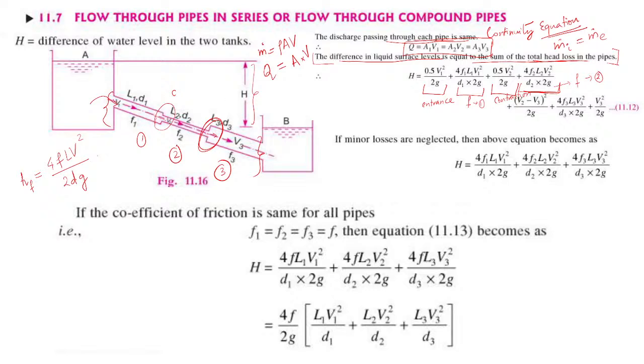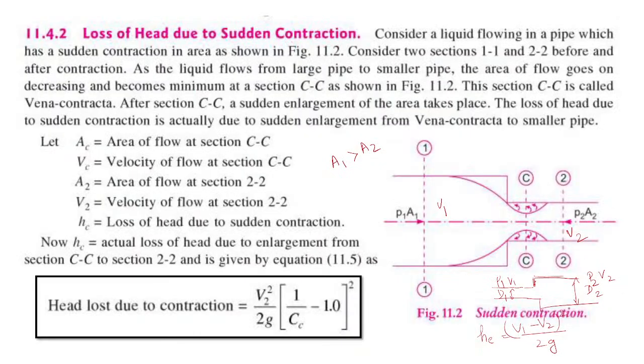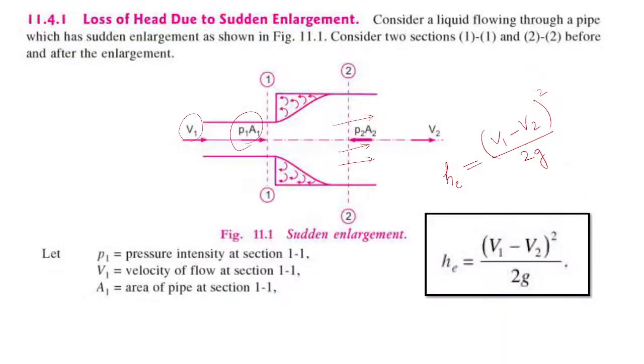Now from pipe 2 the fluid is entering pipe 3. What is happening with the diameter? As you can realize from this figure, D3 is greater than D2, so there is a sudden expansion. Let's go back to the formula we did previously, sudden enlargement: V1 minus V2 whole square by 2g.